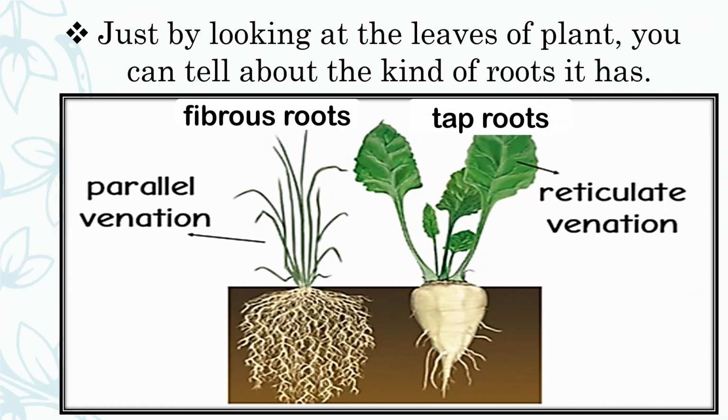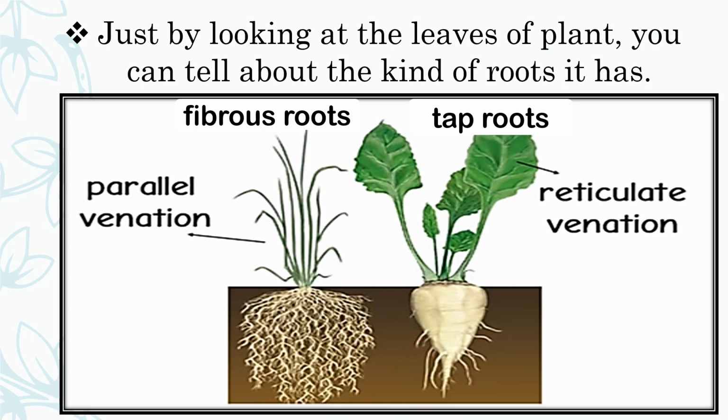Here's an interesting thing. Just by looking at the leaves of a plant, you can tell about the kind of roots it has. If the leaf has parallel venation, then the plant has fibrous roots. And if the leaf has reticulate venation, then the plant has taproots.